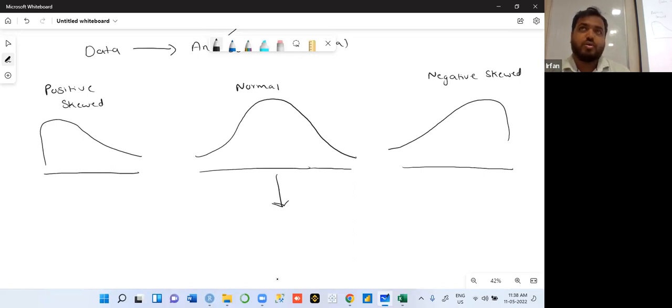Next point. To find how much percent of the data is normal, we use the empirical rule.